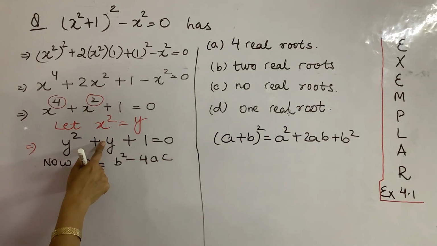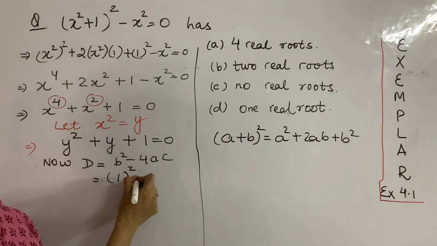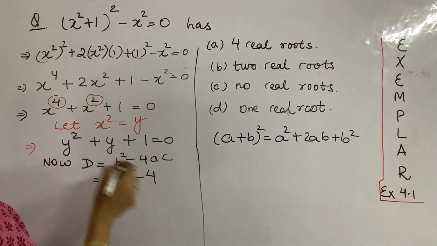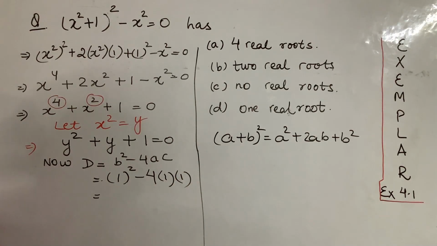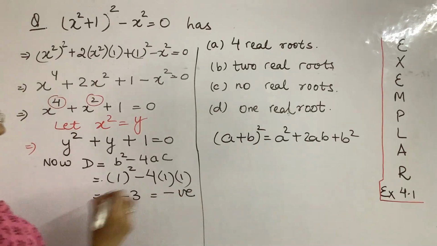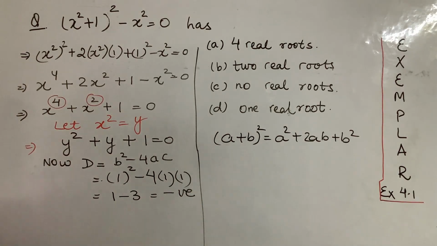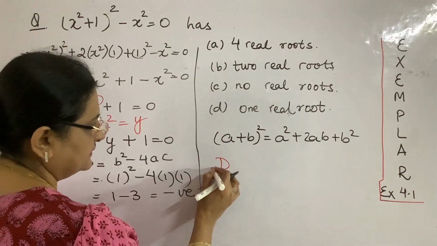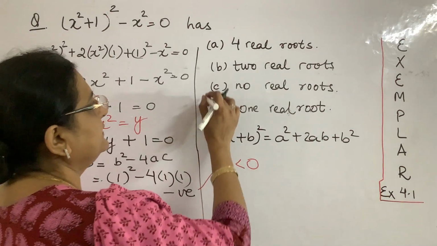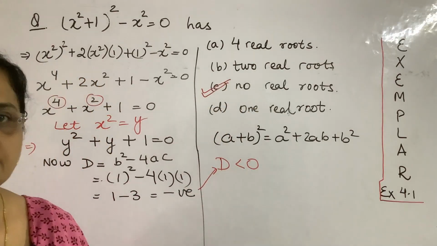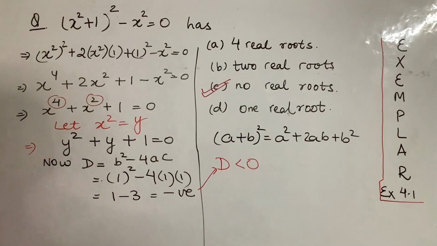What is b? Coefficient of y, 1, minus 4. What is a? Coefficient of y square. And what is c? Again 1. So this becomes 1 minus 3, which is negative. Negative means d is less than 0, and we've already seen d 0 से कम होता है. If d is less than 0, then the equation has no real roots. So this is how you will solve this and find out the nature of roots.